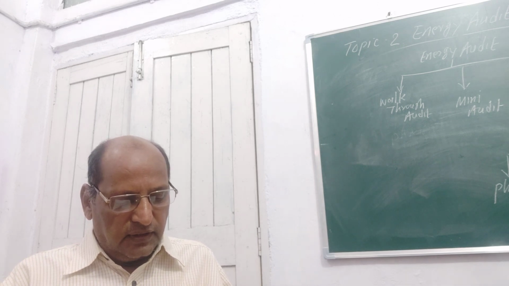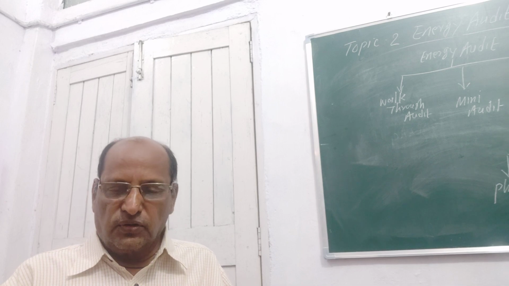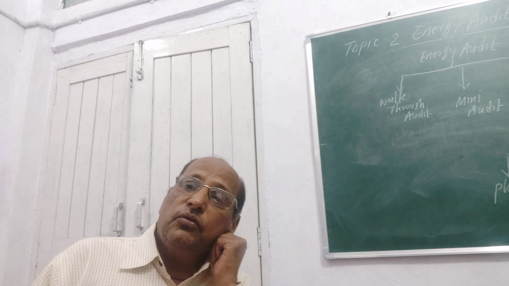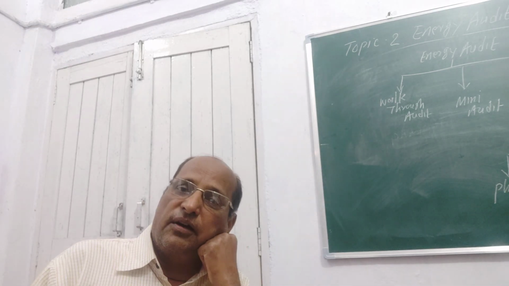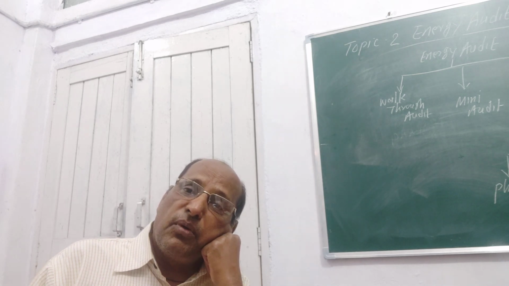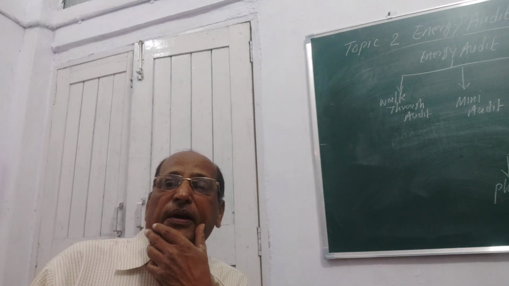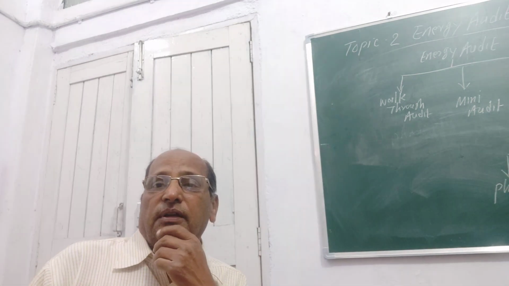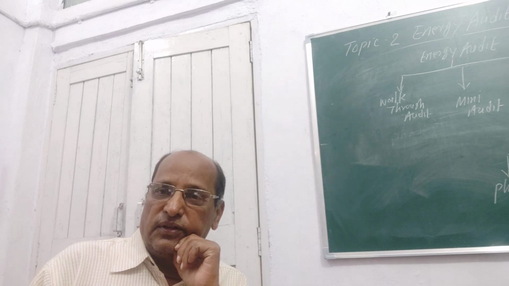Then identification and development of energy conservation opportunity. Now when you go for detailed audit in the second phase, that is the audit phase, you will come to know a number of points where you will observe that there is a requirement of energy conservation.